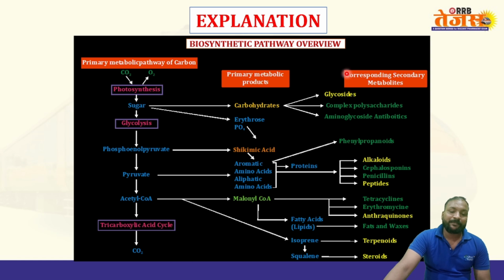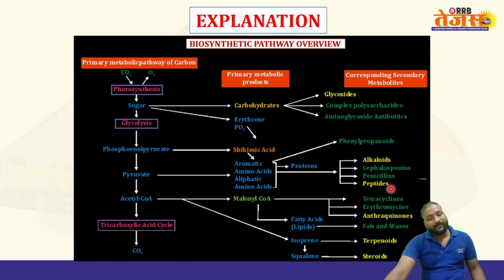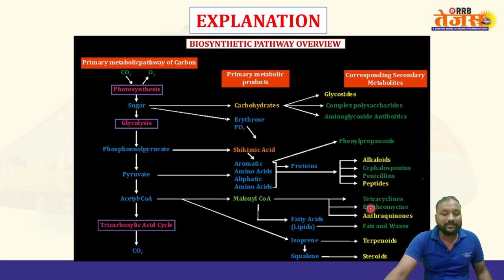Okay, so this is a pathway overview. Primary metabolites come from the sugars. From phosphoenol pyruvate, shikimic acid is formed, and from shikimic acid we get aromatic amino acids like phenylalanine and phenylpropanoids. From these aromatic amino acids we get alkaloids, peptides, cephalosporins, penicillins.